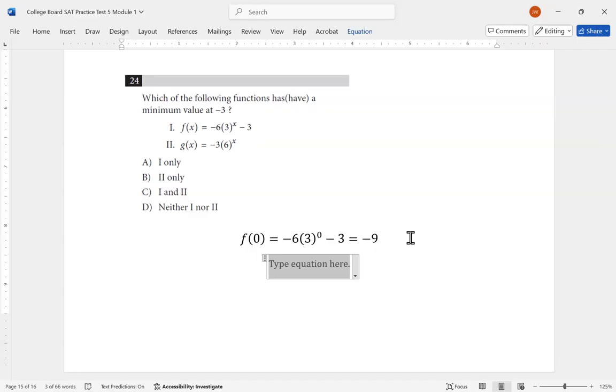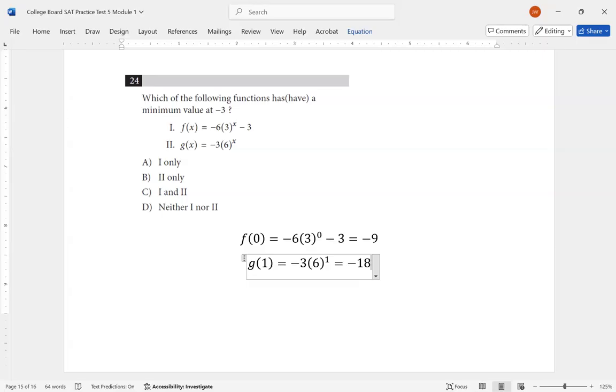In a similar way, we can plug in lots of different values into g of x. Let's plug in the number 1 into g of x. -3 times 6 raised to the first power gives me -18, which is also smaller than -3.